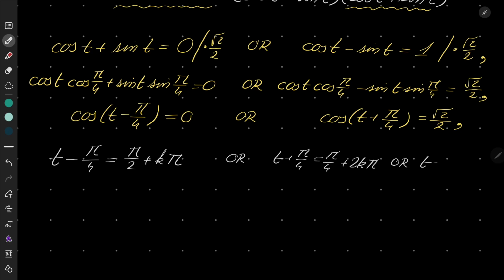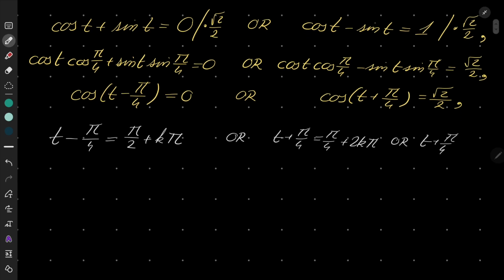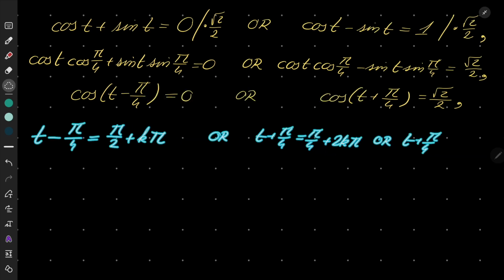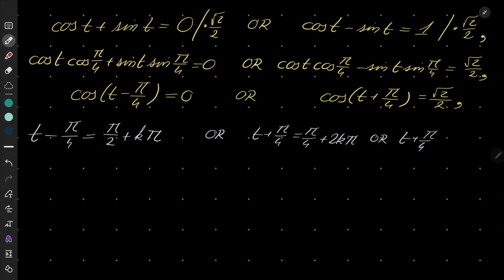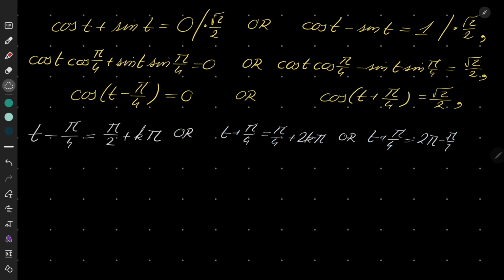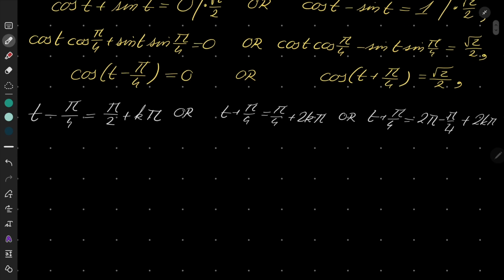But it also attains it, as can be easily seen from the graph of the cosine function, when the argument equals 2π − π/4 + 2kπ, where k is an integer.